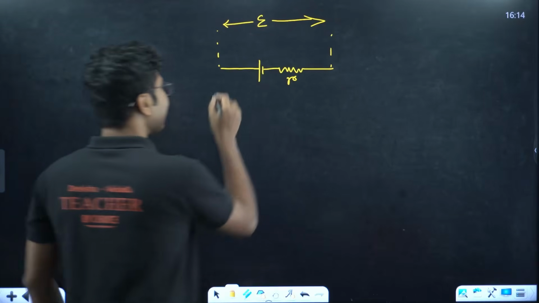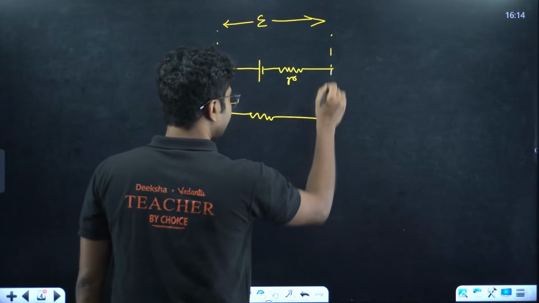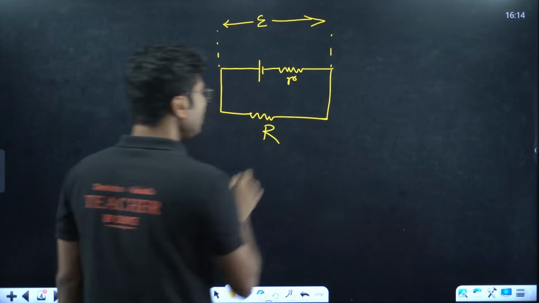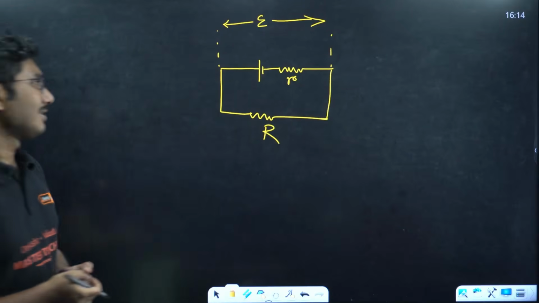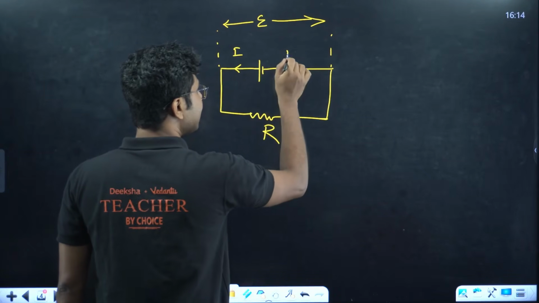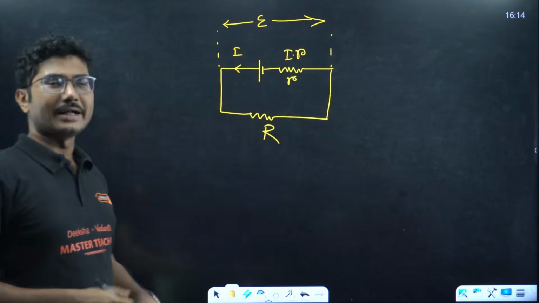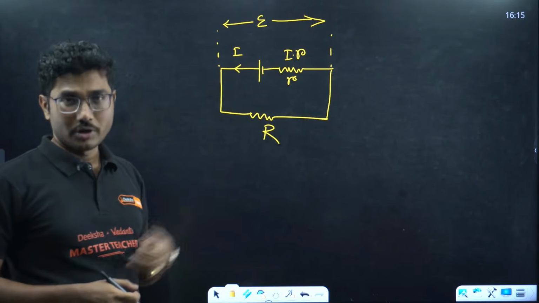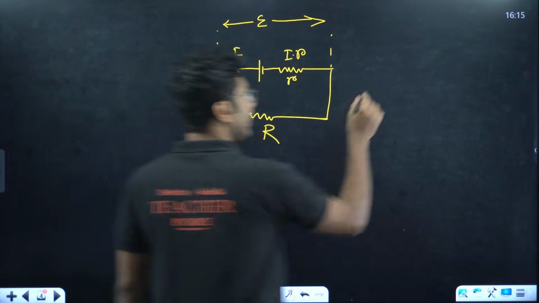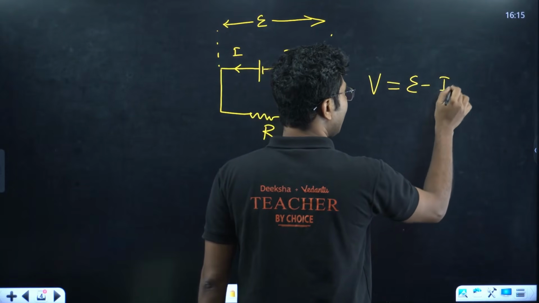Now when you connect it to a circuit, meaning some external resistance R, some current flows through it, and this I into R actually gets deducted from the output. So the output that you are going to get is epsilon minus I into R.